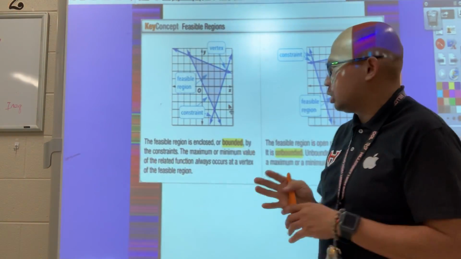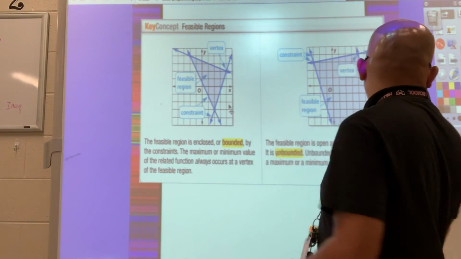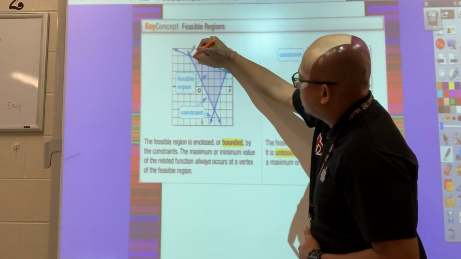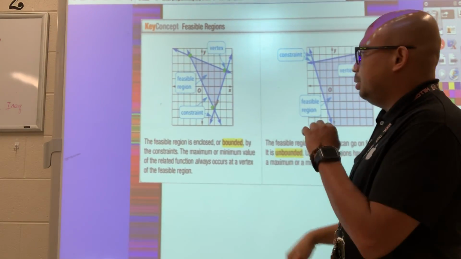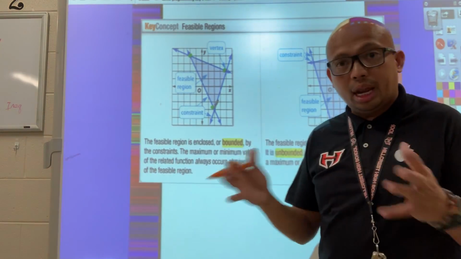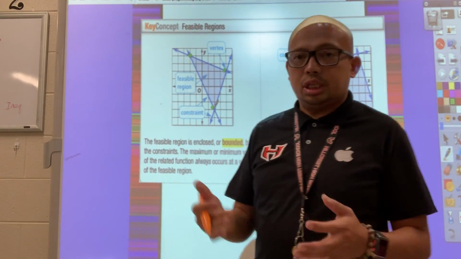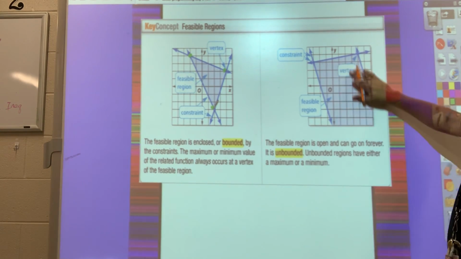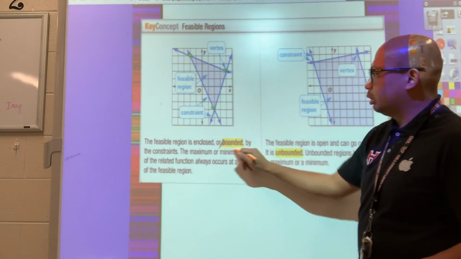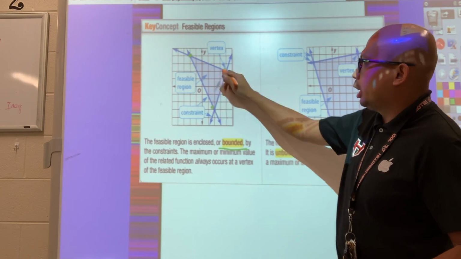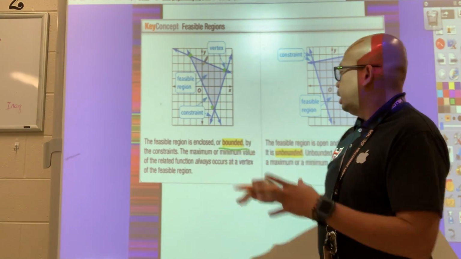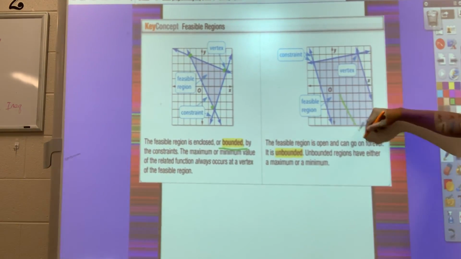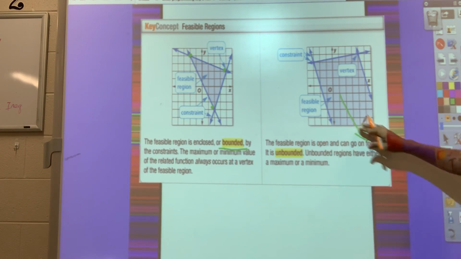That's the possible answer. The points of intersection are our vertices, and the constraints are our lines, based on our system. There's a possibility that our feasible region is not bounded. Here it is bounded because the shaded area is contained, and unlike here, it goes on infinitely this side, so it's unbounded.